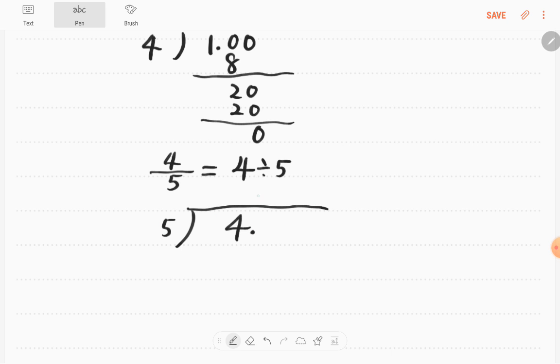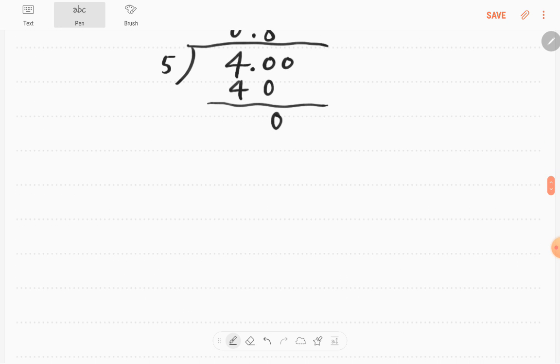We can add a decimal point here. Then we will say 4 divided by 5 is not enough. Then we move to here. It's 40 divided by 5. If you divide by 5, it will be 8. So our final answer will be 0.8.